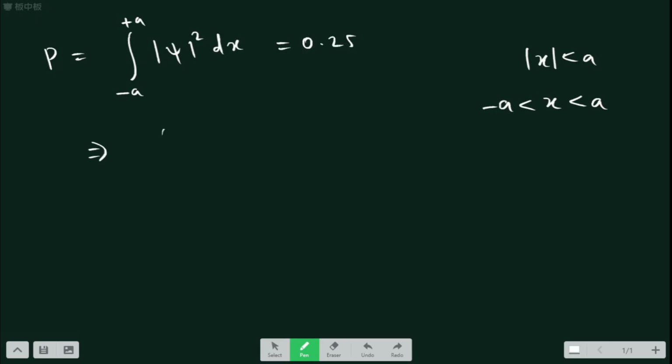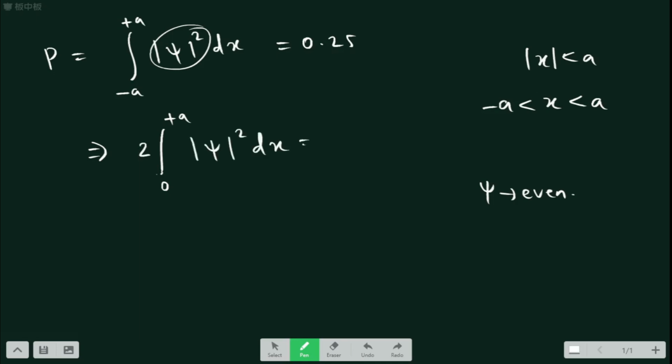This implies integral minus a to plus a. Now we have already seen that psi is an even function, and modulus of psi square is also even, so you can use the property of even functions. Therefore we can write 2 times integral 0 to a modulus of psi square dx.